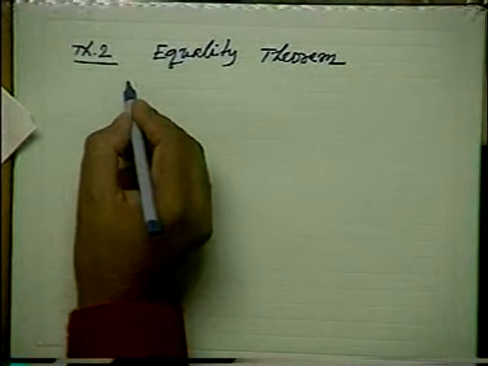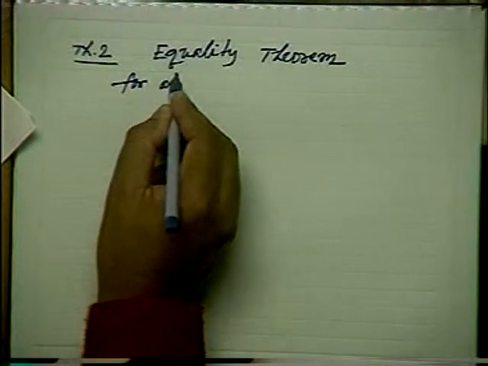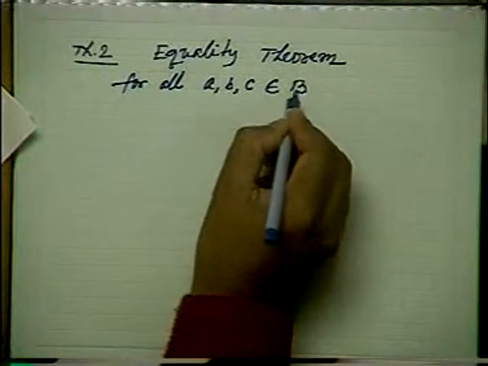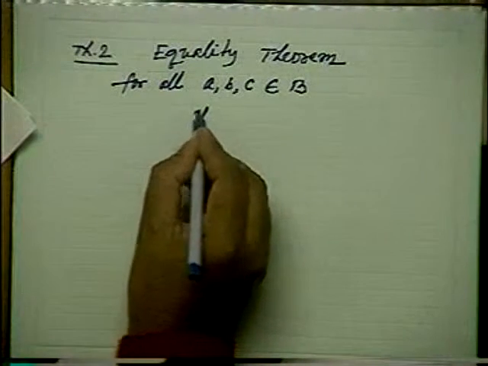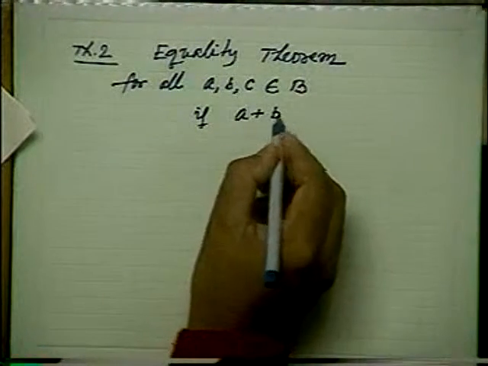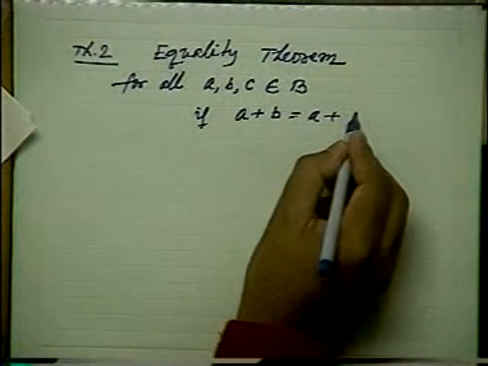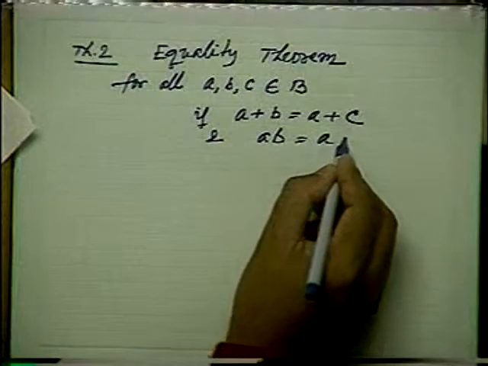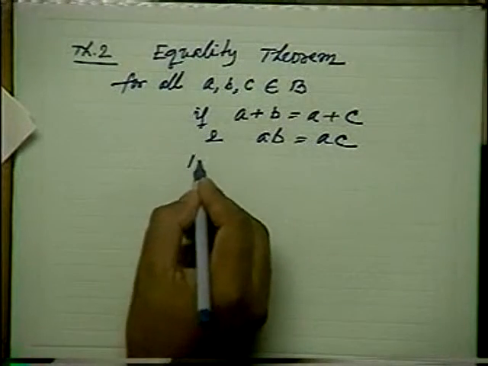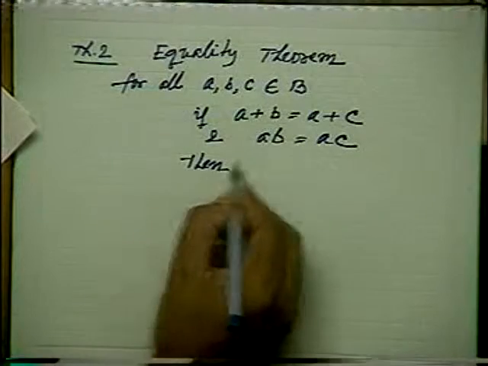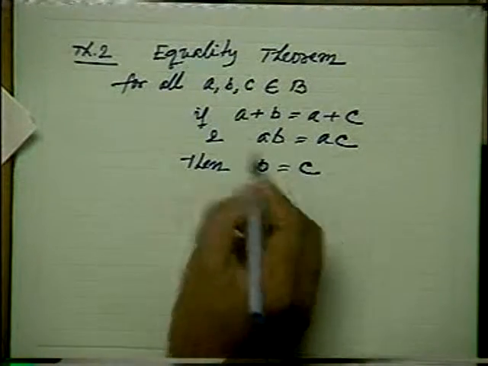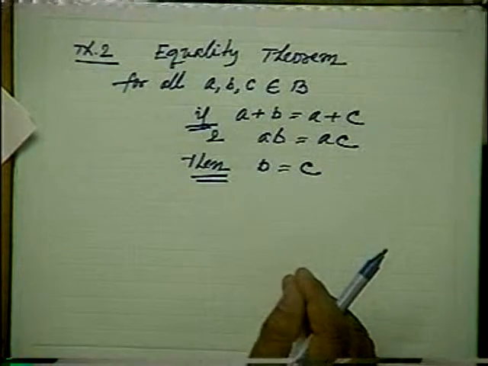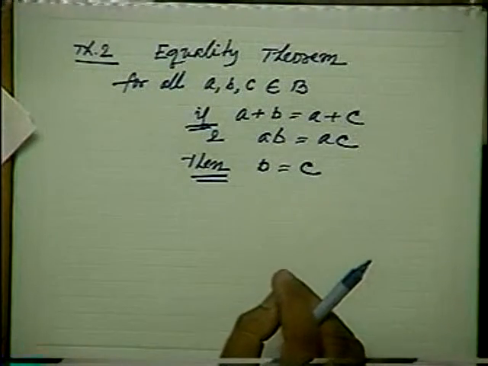We say that for all A, B, C contained in B, if A plus B is equal to A plus C and AB is equal to AC, then B is equal to C. That means if this is true, then this is true. Is it okay? This is called an equality theorem.